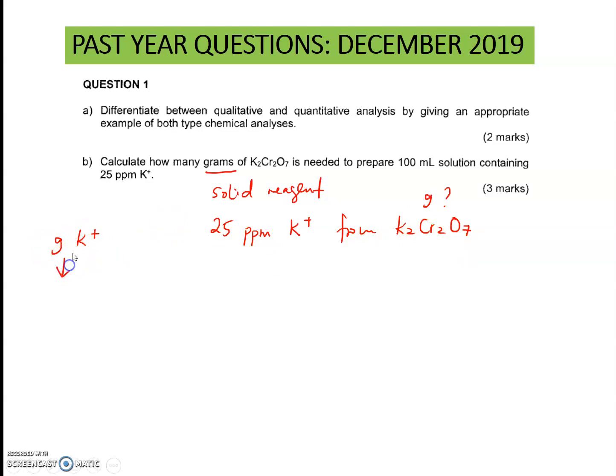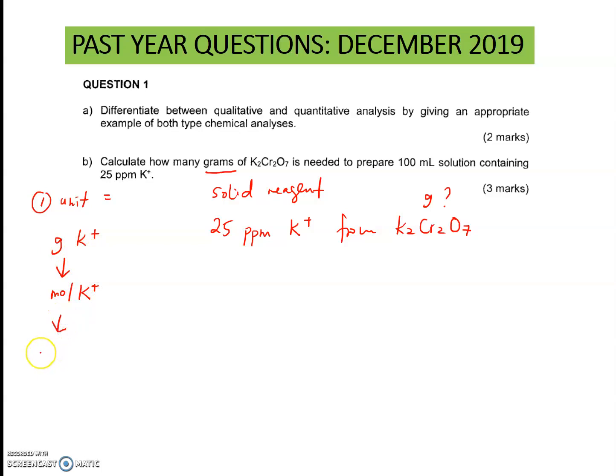Okay, remember that I mentioned in the previous question, you must first get the unit. Unit for ppm under what terms. From that, find gram potassium ion and then mole potassium ion.